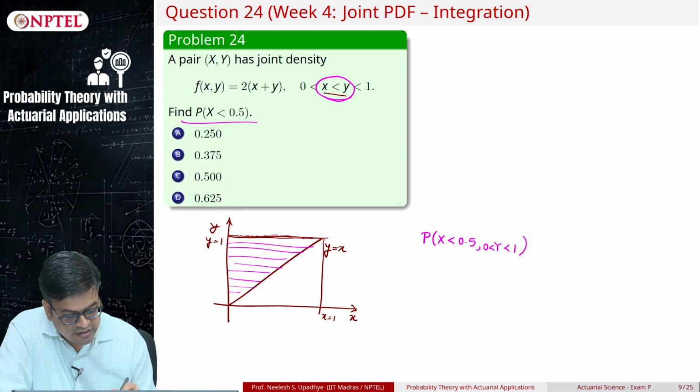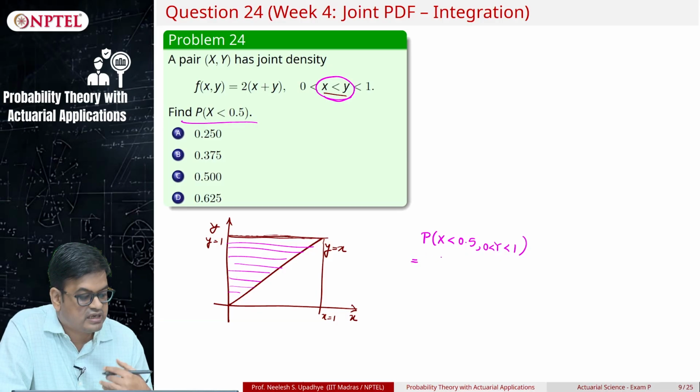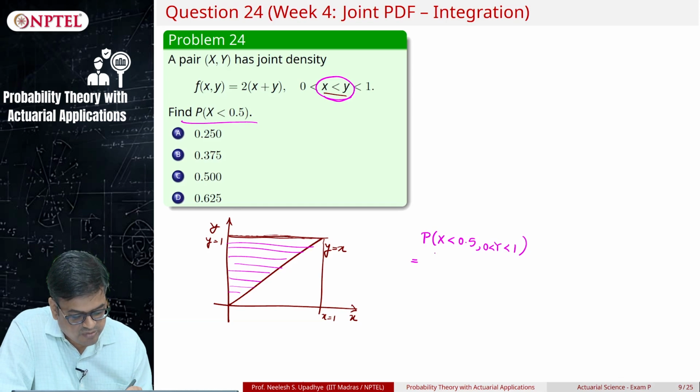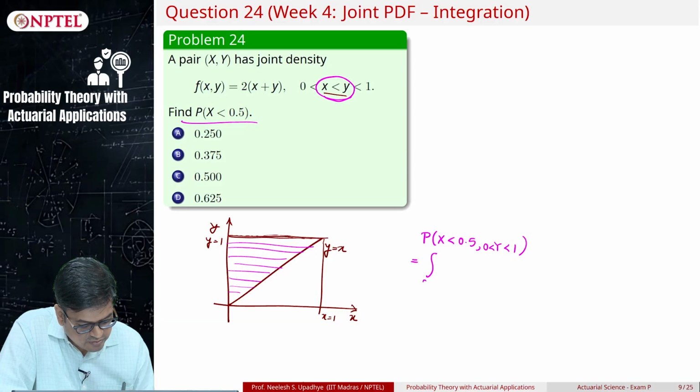Now, the interesting part comes. So, 0 less than y less than 1. That means, I have to write this as a double integral. So, the first integral will start from 0 to 0.5, which is related to x.